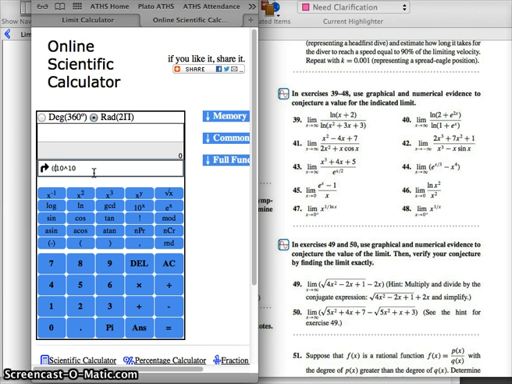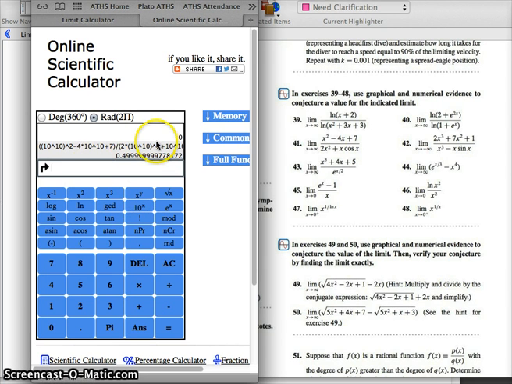Now notice, because I'm squaring that, I need parentheses: squared minus 4 times 10 to the 10th plus 7, close parentheses, divide by, open parentheses, 2 times, parentheses, because I'm squaring 10 to the 10th again. So there's my 2x squared, plus 10 to the 10th times cosine of, in parentheses, 10 to the 10th. Then close parentheses.